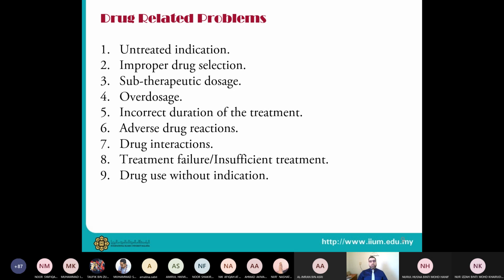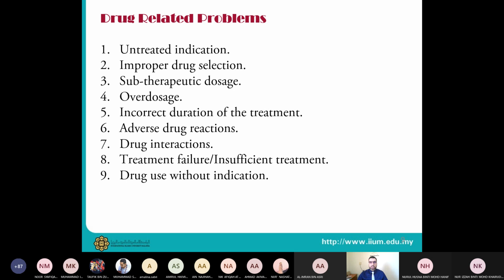Now, the second one is if the patient is on a medication. The first question is, is this medication indicated or not? Is it correct to give this medication to the particular patient? If yes, then ask yourself, is the selection of this medication appropriate? We just mentioned the example of metformin in a patient with advanced renal problems.